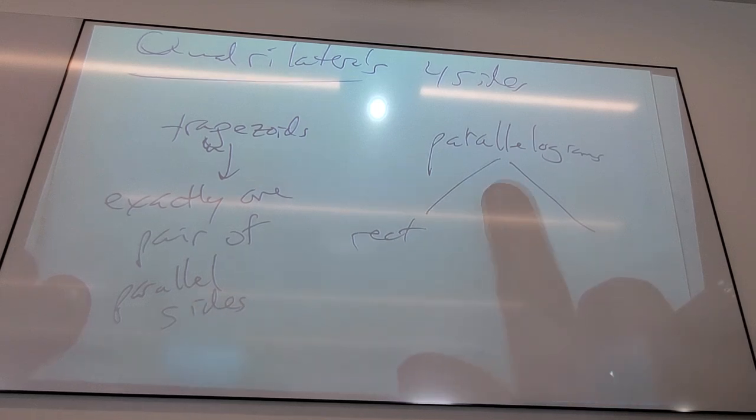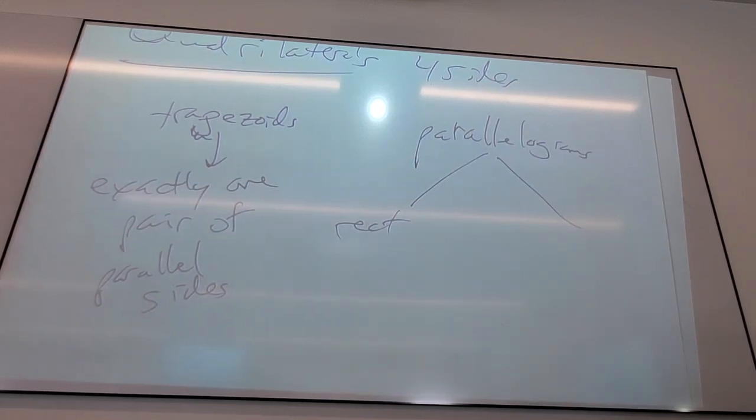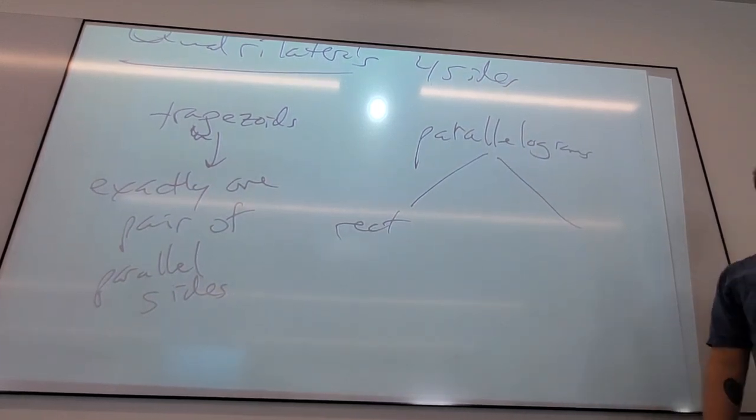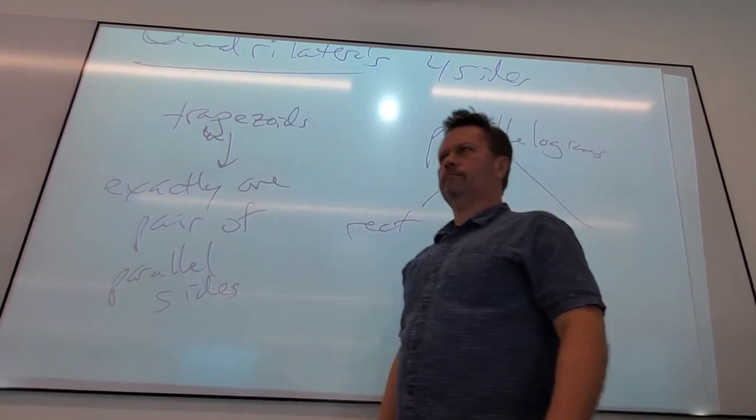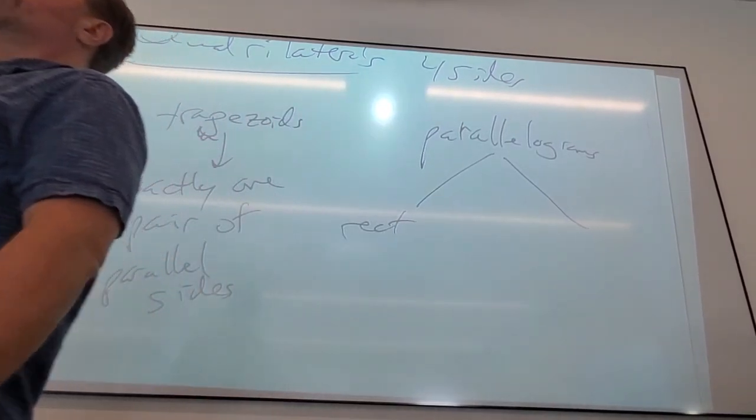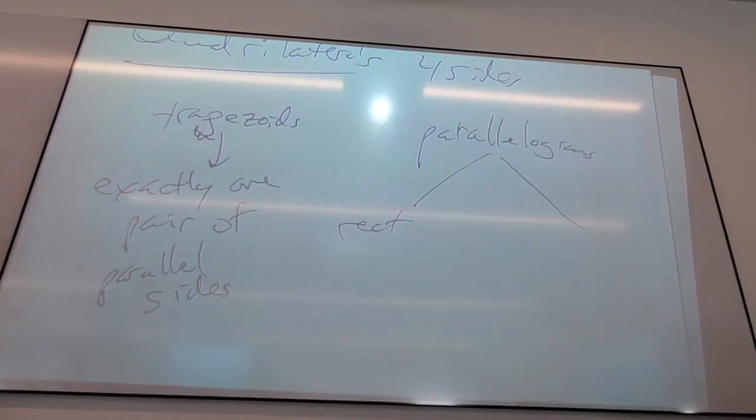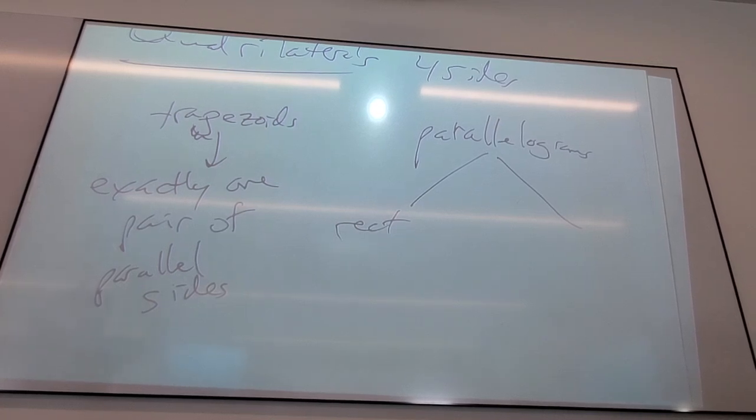It cannot fall under parallelograms because parallelograms need two pairs of parallel sides. Okay, so trapezoids, exactly one pair of parallel sides. So a parallelogram could never be a trapezoid or vice versa. Parallelograms, two pairs of parallel sides.